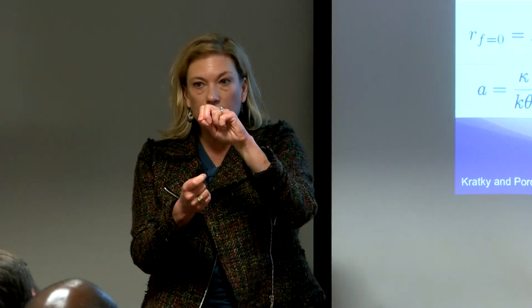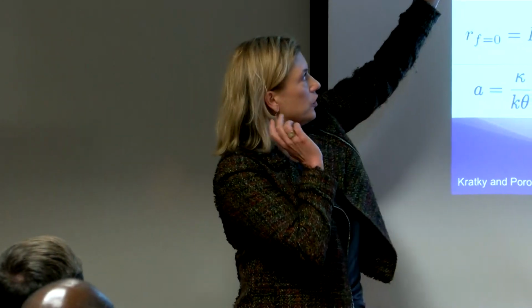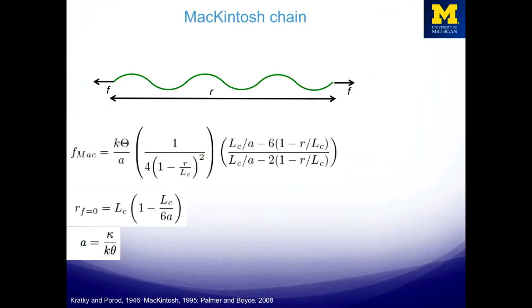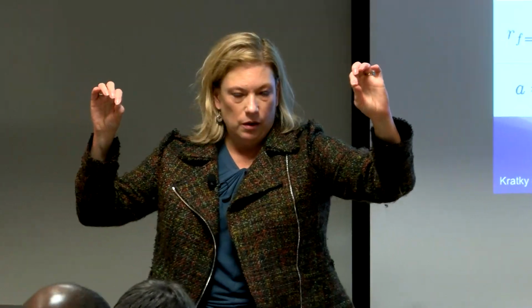This is a nonlinear chain model, and it describes the nonlinear force versus length relationship of a relatively stiff molecule that's almost fully stretched out, and then you finish stretching it. That's unlike some other kinds of rubber elasticity models where you're starting with something like this, and you stretch it way, way out. Okay? So we're starting with molecules that are almost fully stretched out and finishing that stretch.